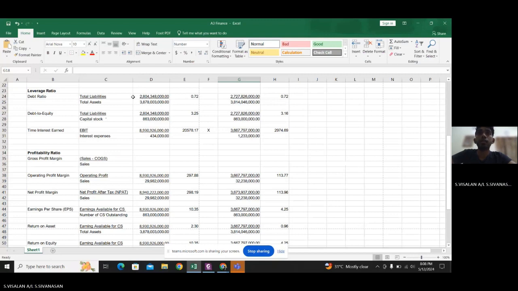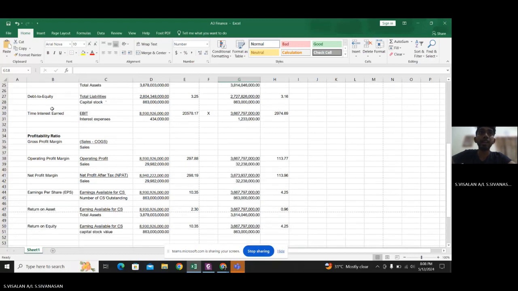Total liabilities for the year 2021 is 2,727,826,000 divided by 3,840,046,000. So it will be 0.72. Both answers are the same. And debt to equity is total liability over capital stock: 2,804,348,000 divided by 863, which is capital stock.